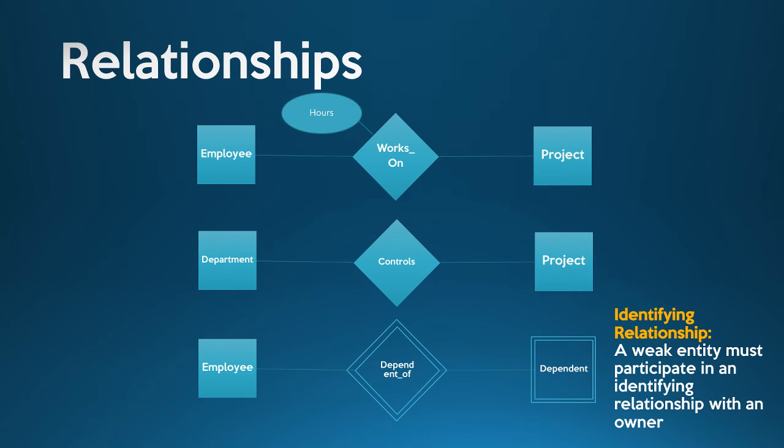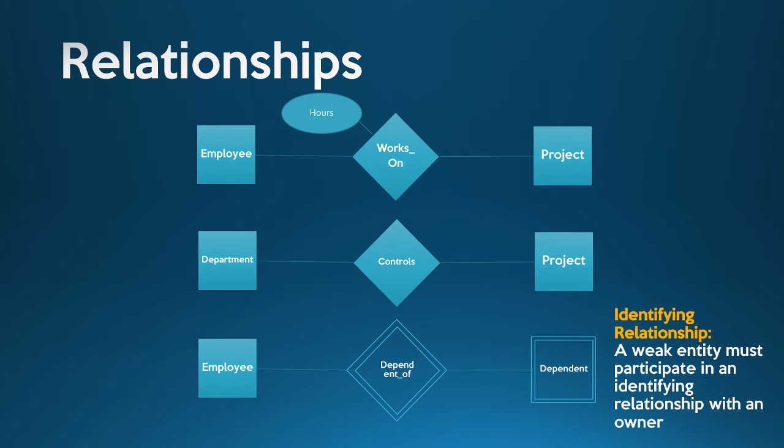Then we have employee works on a project. So we would need to draw another one that goes down here. Employee, let's say, works on a project. And when you know that an employee works on a project, you know how many hours they work for that project. So you can get an attribute out of the relationship.